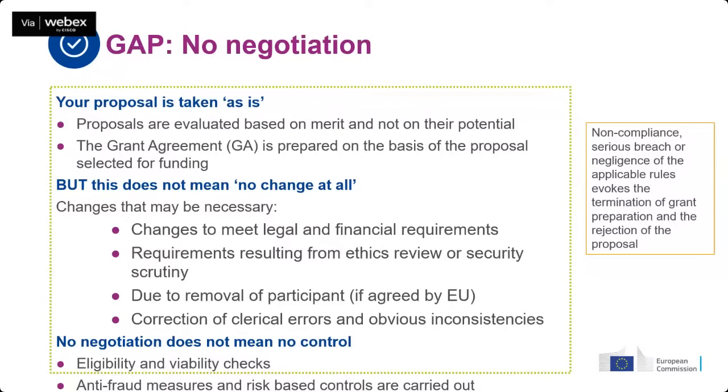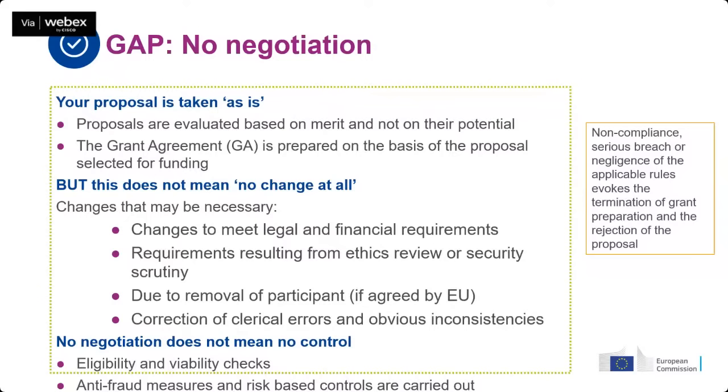Then there are requirements that are obligatory for you. In case you are subject to ethics or security scrutiny, you might have to implement an extra deliverable in order to comply with all the rules concerning ethics or security.